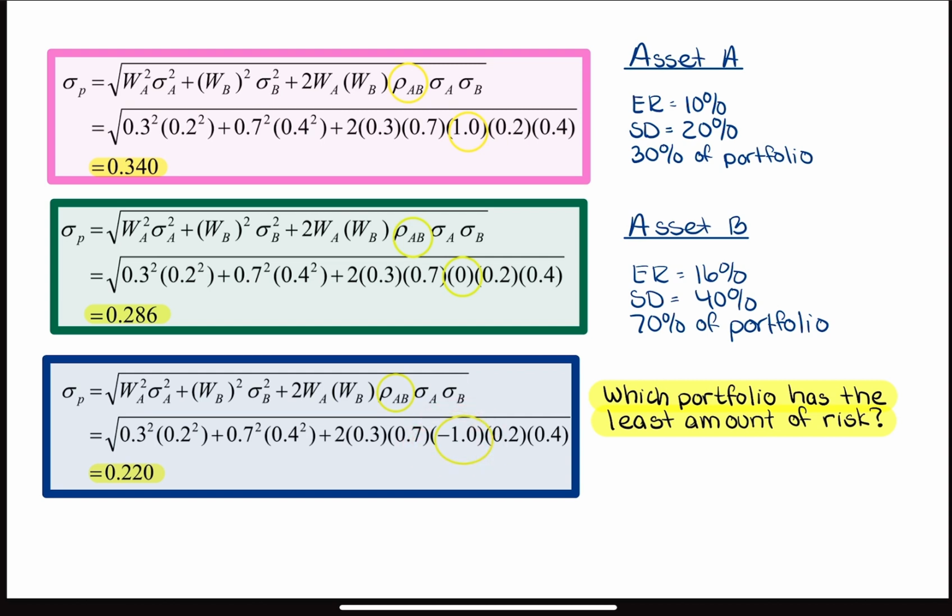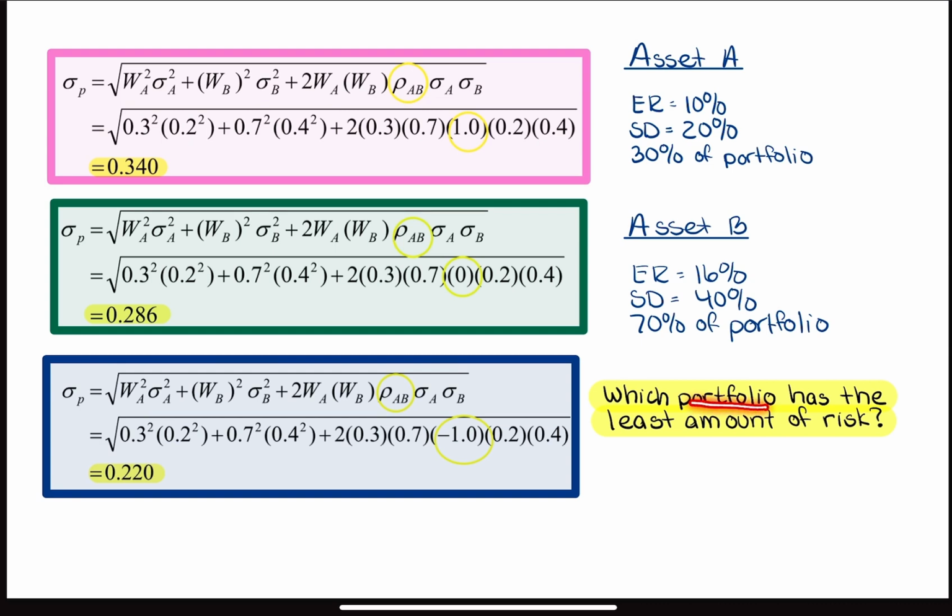The portfolio that has a correlation of +1 has a standard deviation of 0.34. A correlation of 0 has a standard deviation of 0.286. And the portfolio with a correlation of -1 has a standard deviation of 0.220.